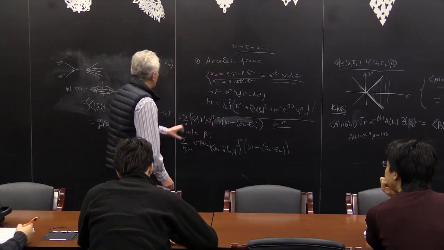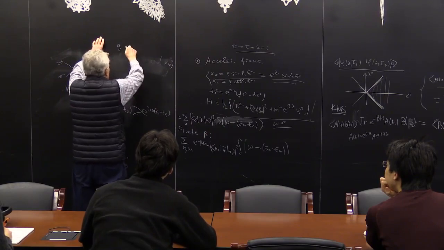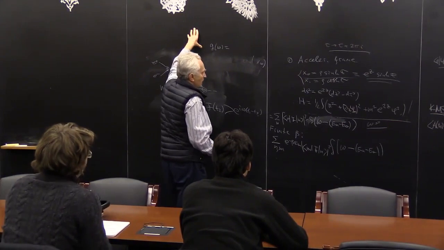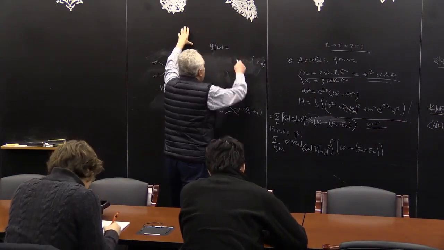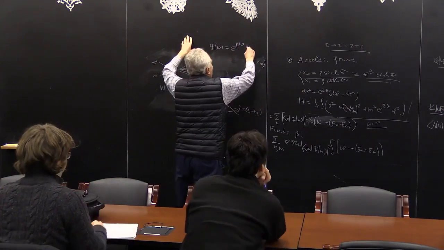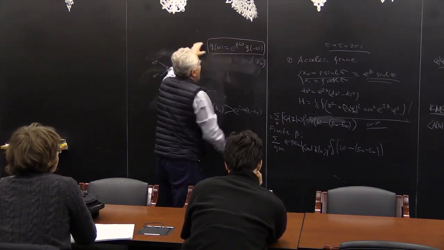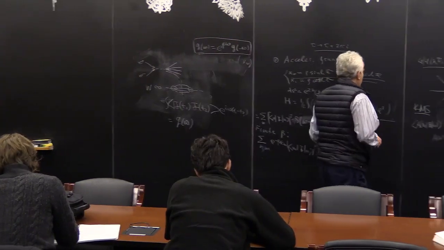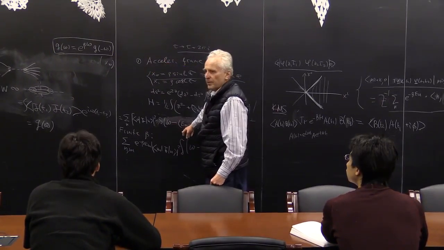And if you look at this formula, you immediately find that g of omega is related very simply with g of minus omega. And this is just the detailed balance which you see immediately. Do you see how to derive this formula from here?